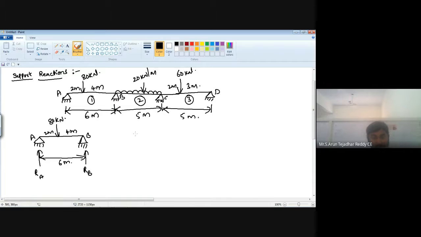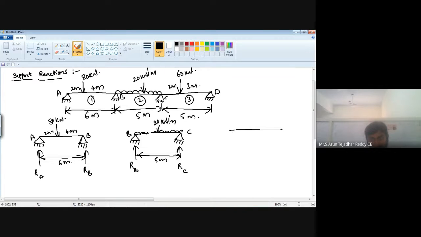Now span BC, or beam BC, draw separately. It is a uniformly distributed load of 20 kilonewton per meter, B to C. Here also two reactions are acting. Span is 5 meter, RB and RC. Final, the third span, draw separately.